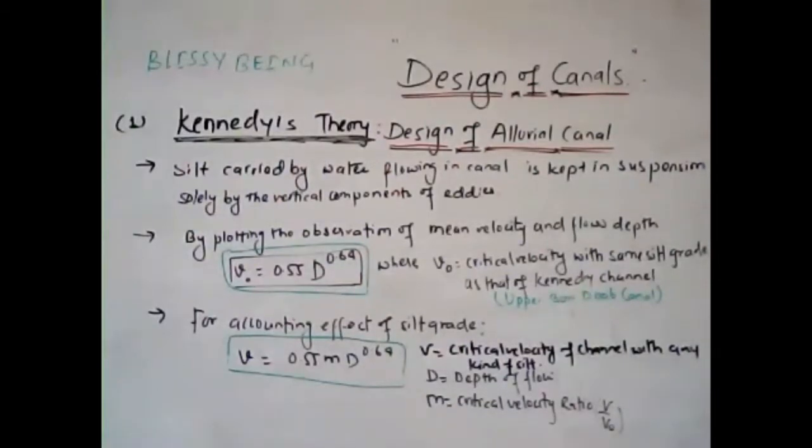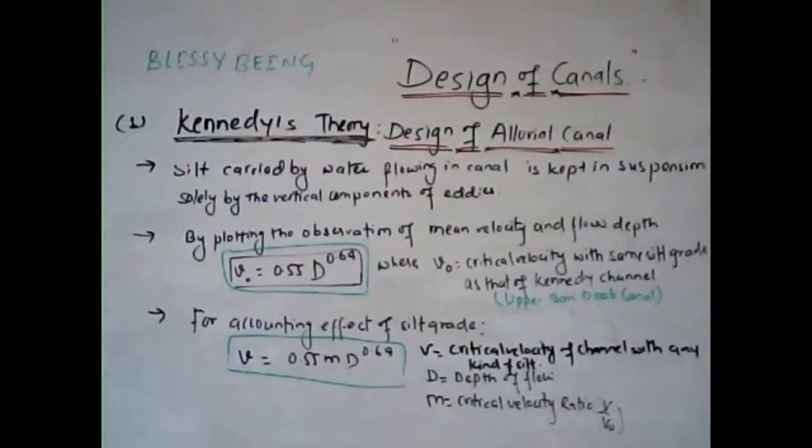We may have another silt grade as well, because it is not always necessary that we have the same silt grade as that in Upper Bari Doab Canal. So for other silt grade, there comes another term known as critical velocity ratio. For accounting the silt grade, we have the formula V equals 0.55 m d to the power 0.64, where V is the critical velocity of channel with any kind of silt, d is the depth of the flow, and m is the critical velocity ratio, CVR, that is given by V by V naught.